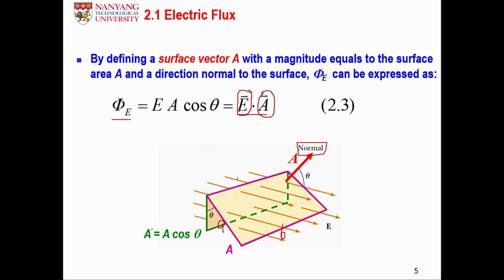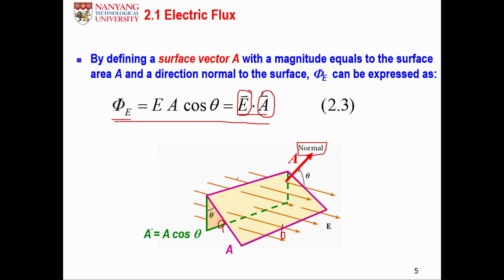So now you can see this general form of electrical flux, vector E dot vector A. In order to apply this formula correctly, I would say the most important step is to figure out the direction of vector A, because the others should be quite straightforward, whether it is the E or the area of the surface. So you need to define the direction of the vector A properly.